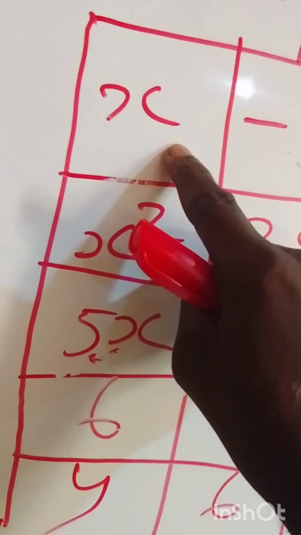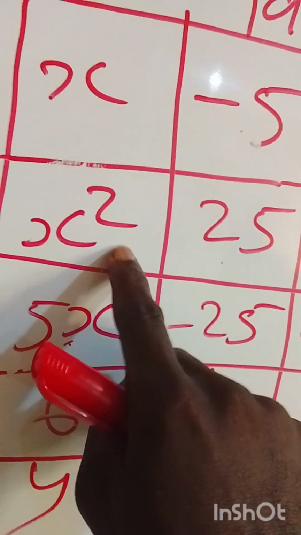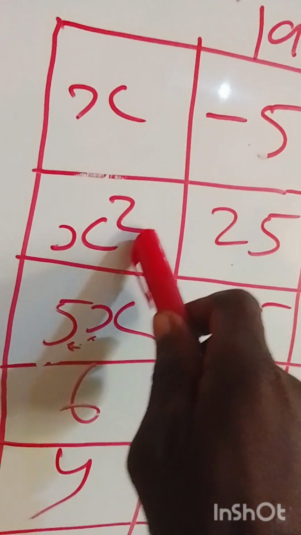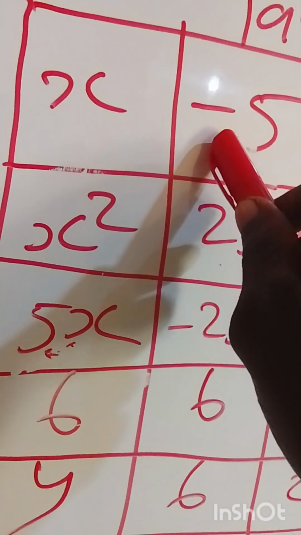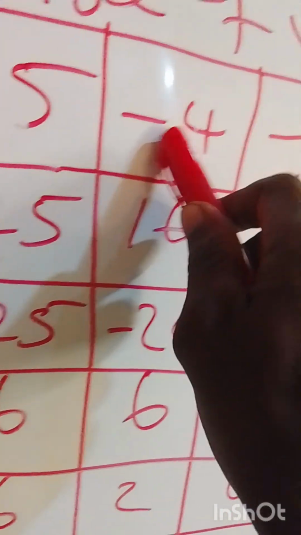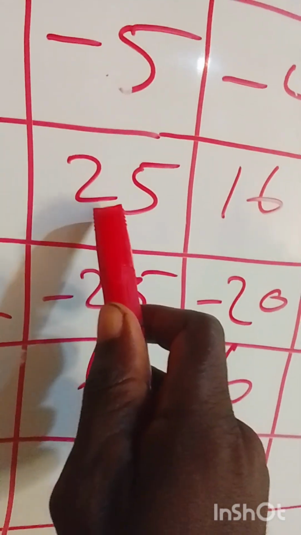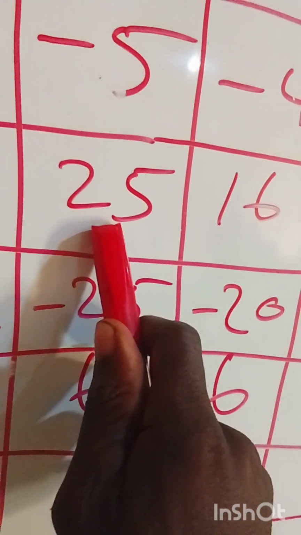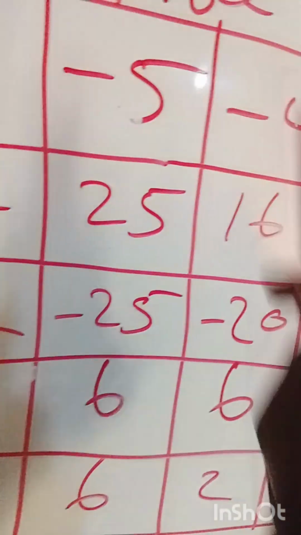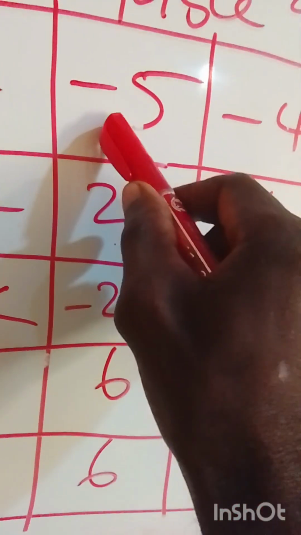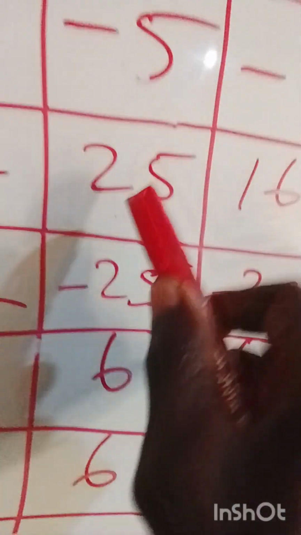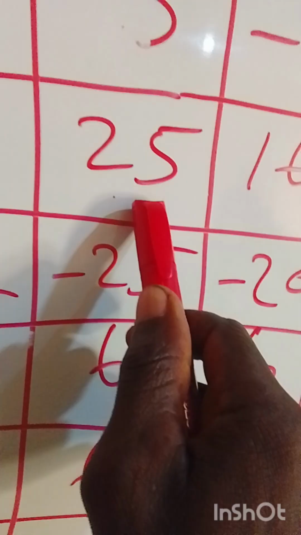This is the x. And in this column, we are to multiply each number by itself. The number here by itself. The number here by itself. Now, in doing that, you will get these given figures. You can use a calculator. You can use your common sense. Minus 5 times minus 5 will give you 25.